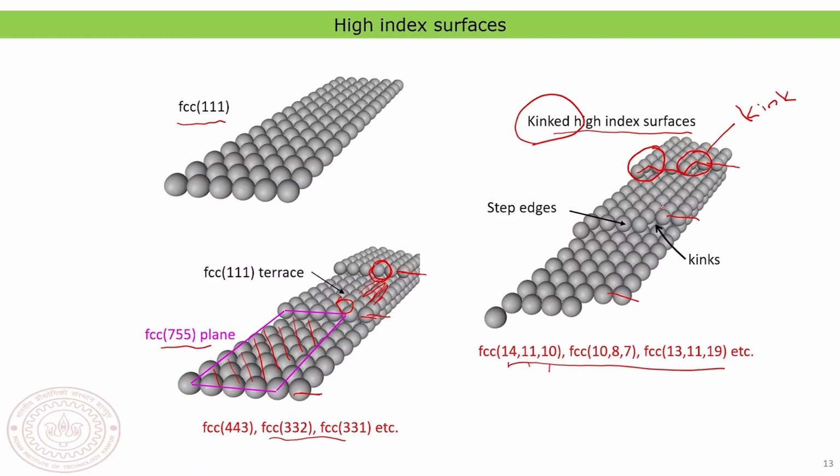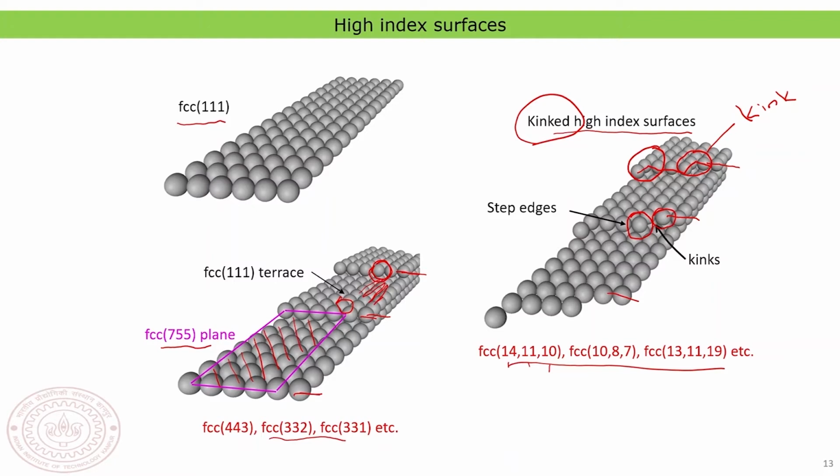The atom on the step edge, like you have seen in the case of FCC 755, is already a low coordinated atom. But you see here the atom at the edge of a kink is definitely much more low coordinated than the one at the step edge.